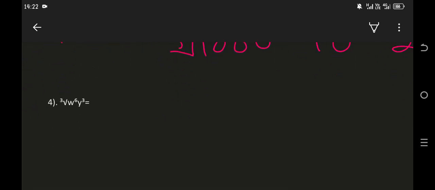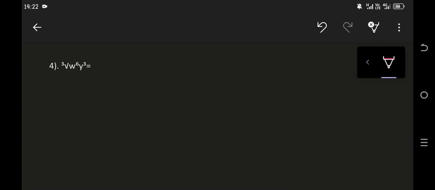Now, this next example is asking us to work with unknowns. So you're being asked for the cube root of w raised to 6, y raised to 3. So you are going to really expand that. So let us start with w raised to 6.